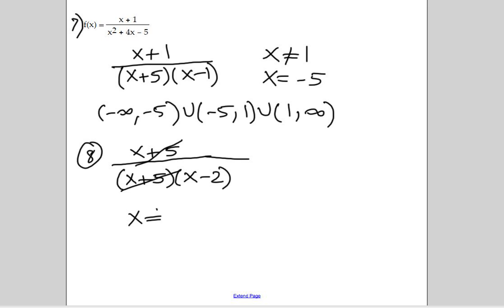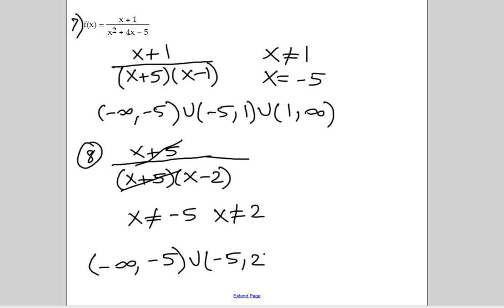So x still cannot equal negative 5, and it cannot equal 2. So don't get fooled by the fact that we were able to reduce this, okay? It still cannot be part of the domain. So the domain would be from negative infinity to negative 5, and then from negative 5 to 2, and then from 2 to infinity.